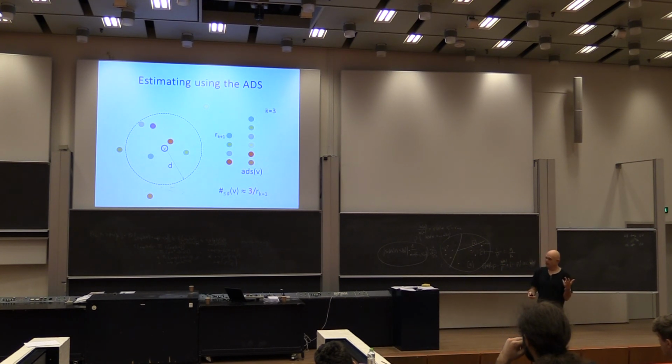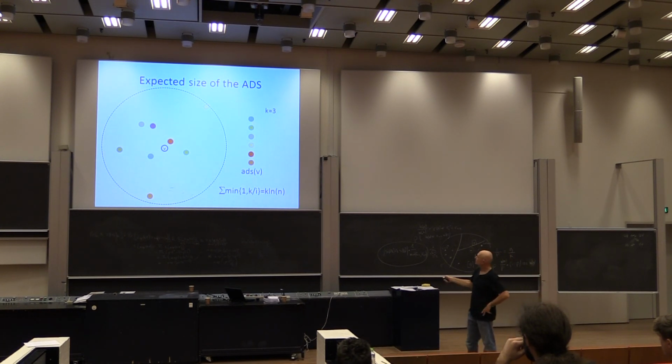And the advantage is that the size of these sketches is really quite small. So what's the size of this ADS sketch? Okay, so remember what we did. We went through this ball and added the vertex if it was among the k smallest in the ball. So what's the probability that the next vertex gets into the sketch?